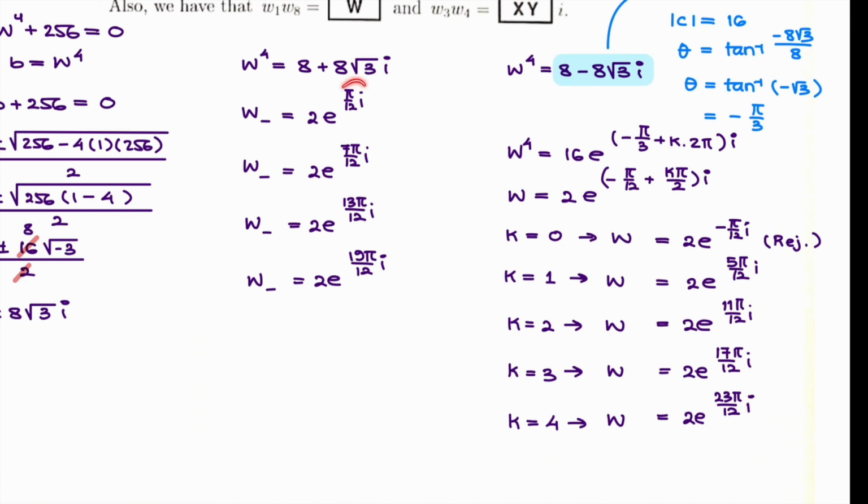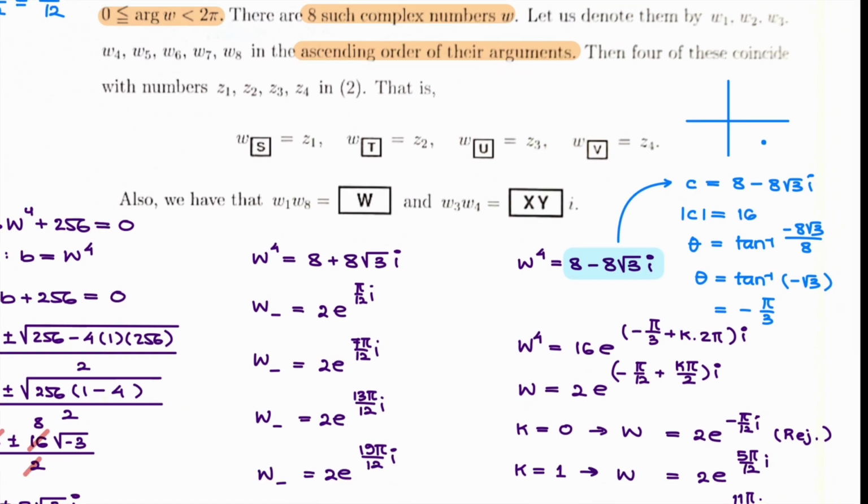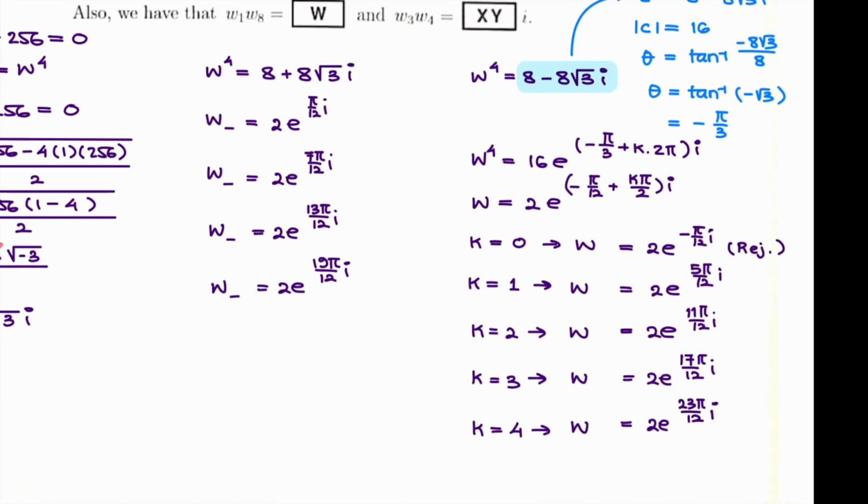By observing the argument here, you know which one is W1 and which one is W2 and so on. So if I write them in ascending order of their argument, the smallest one is this one, so this is W1, and then the next one is W2, and so on.